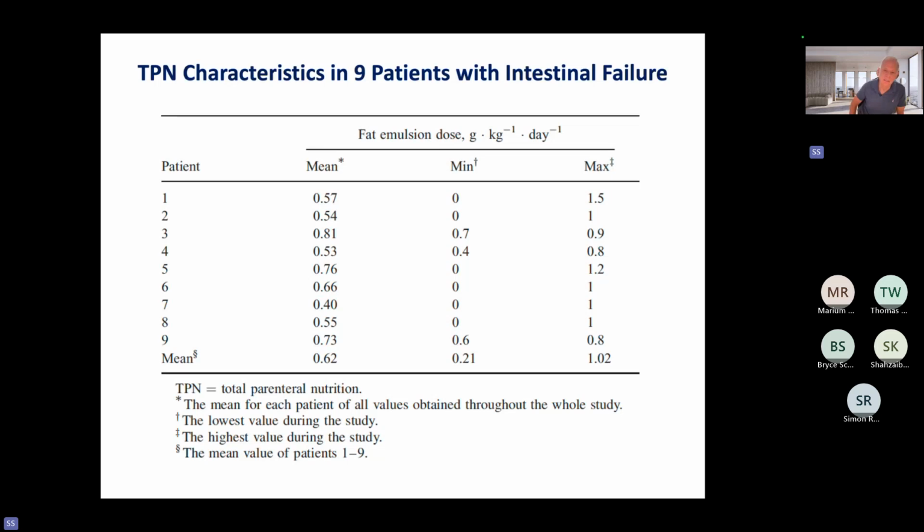What this group did was they limited TPN in 9 patients with intestinal failure, and they limited the fat emulsion dose to less than 1 gram per kilogram per day, as shown in this column.